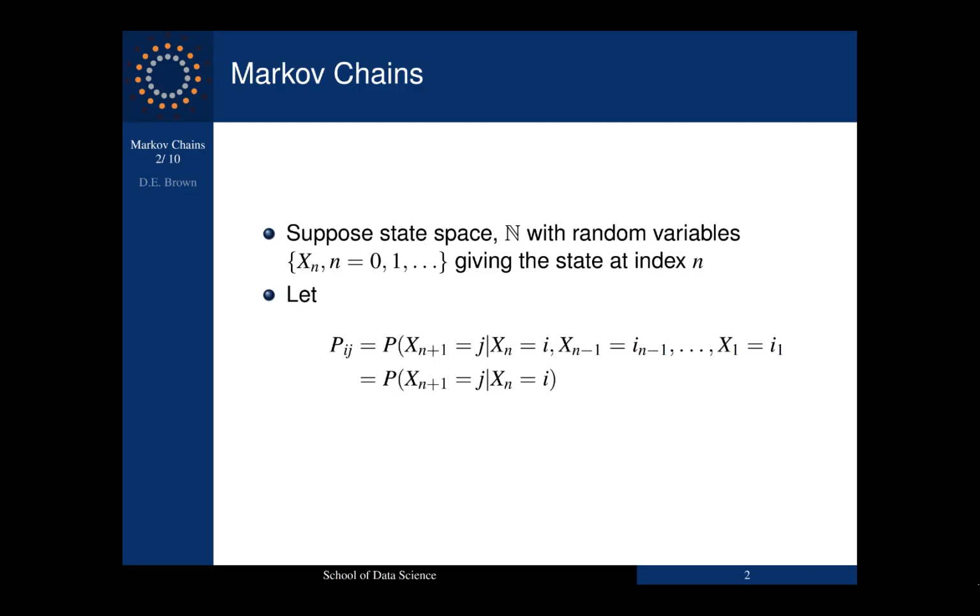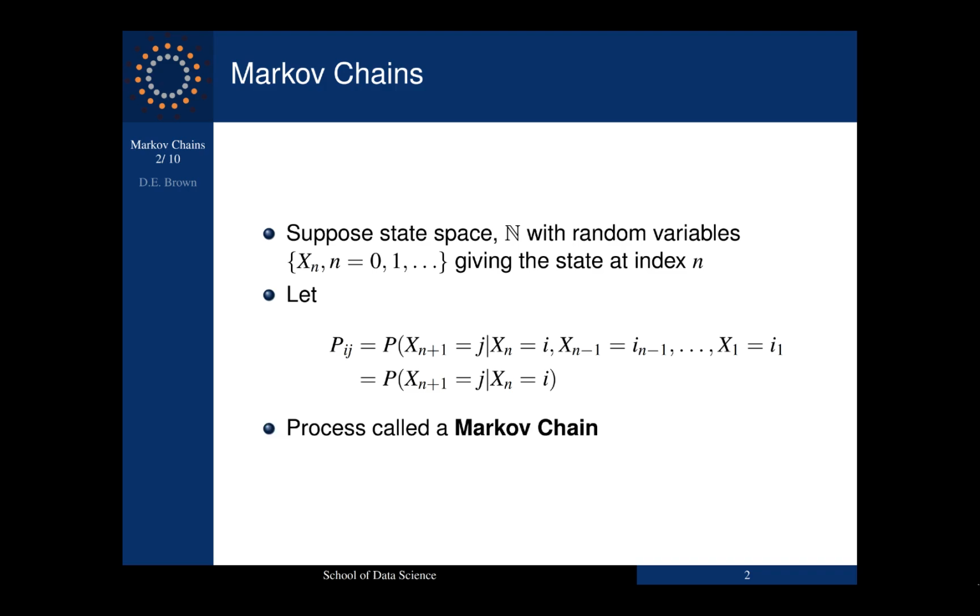But it turns out for a Markov process, it's independent of all the previous states except for the state just before the current time. So if we're currently at time n plus 1, then the only thing it depends upon is the previous time period, which is state n. And this is called the Markov property.